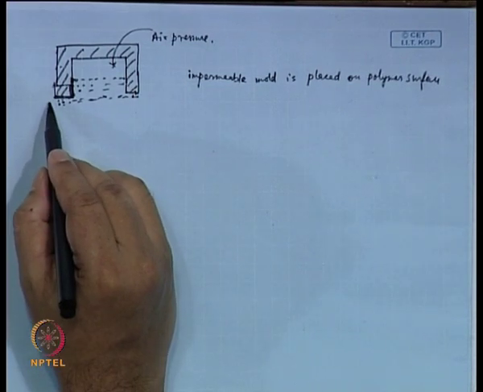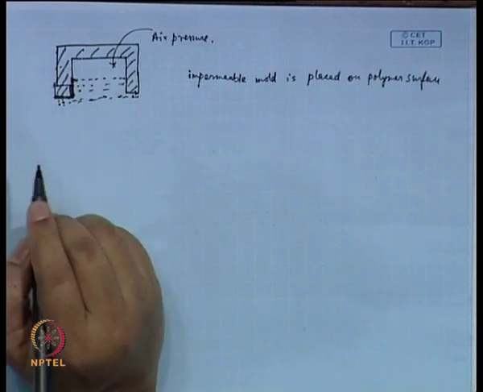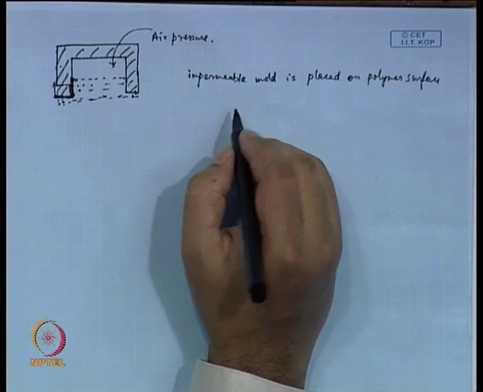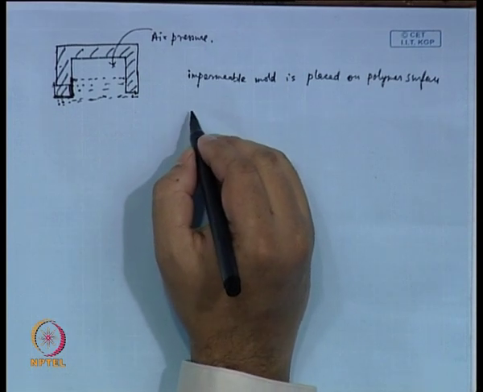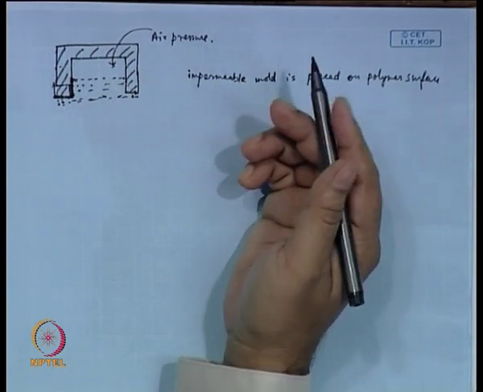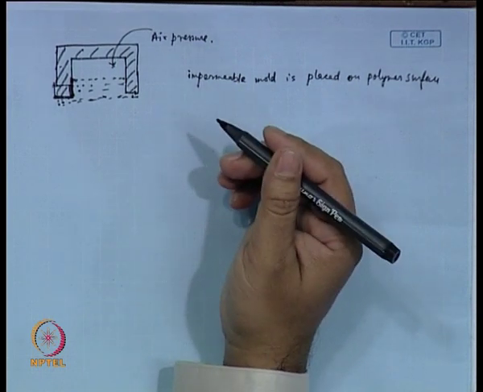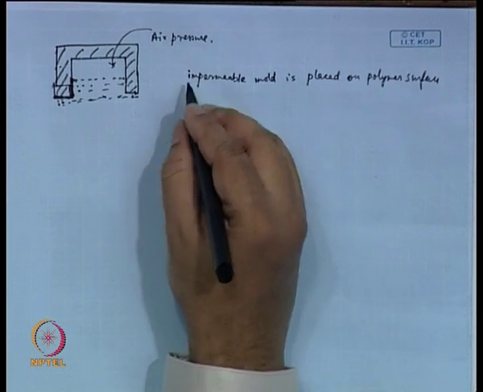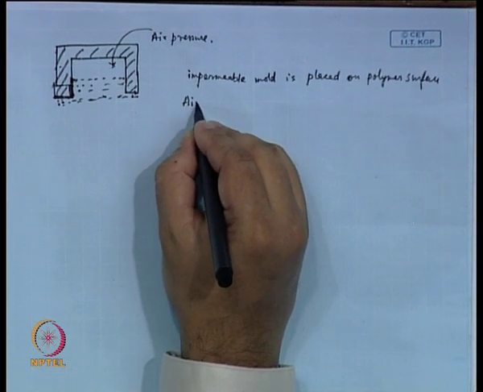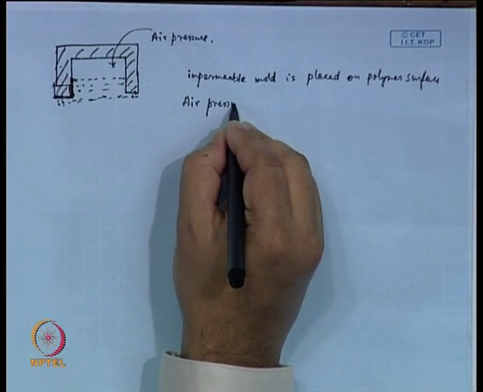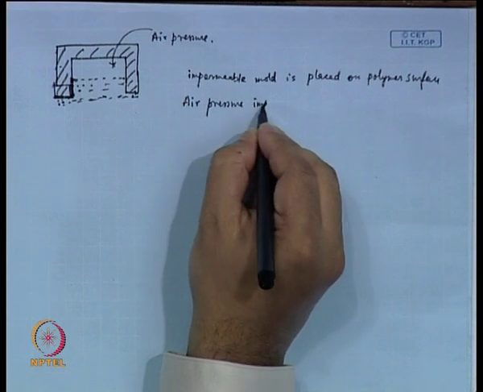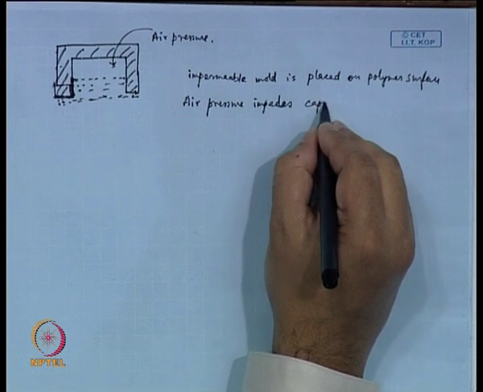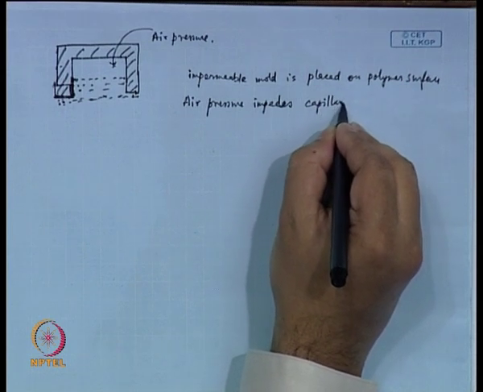The polymer should come in and go inside there. So, when an impermeable mold is placed on the polymer surface, air pressure will build up, as you have already understood in a closed capillary. This air pressure impedes capillary action.